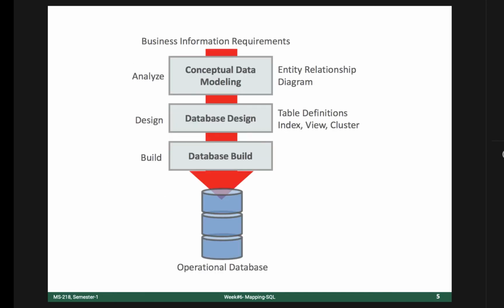Okay, so when we are talking about ERD, it's conceptual data modeling. Now we are talking about database design, in which we have to define our tables. In the last lecture we saw how to create tables. Each entity will be converted into one table, and obviously having attributes, simple mapping.